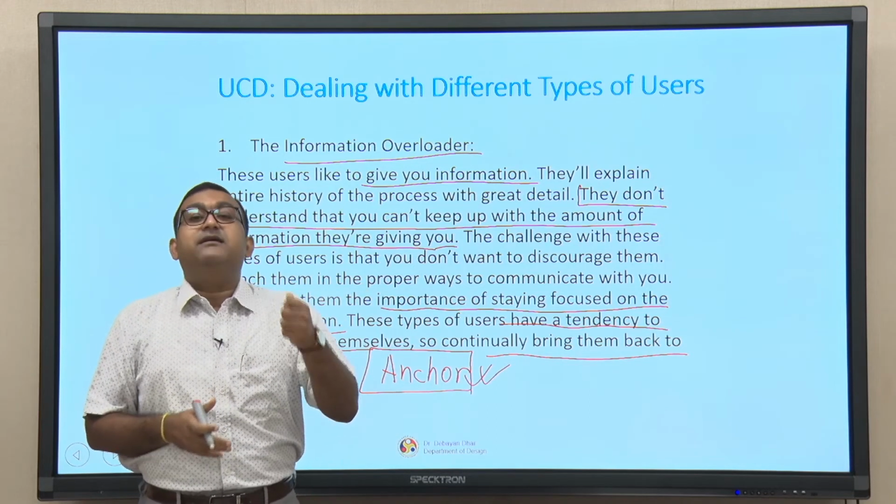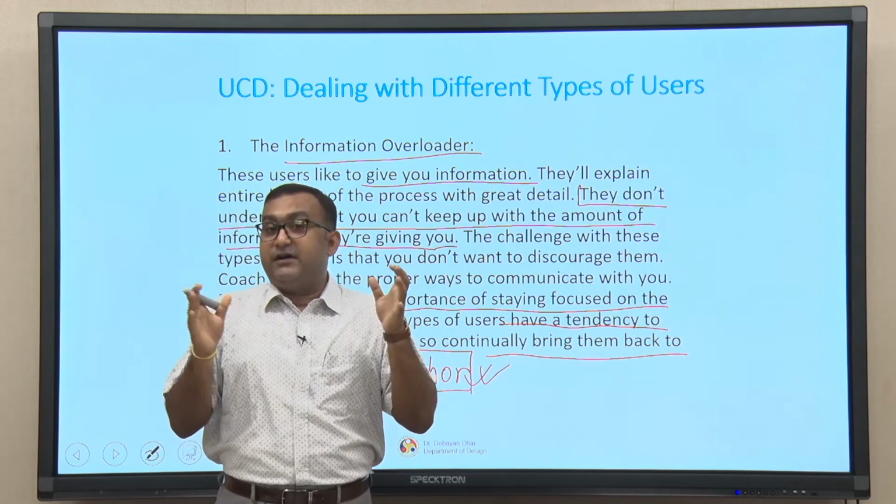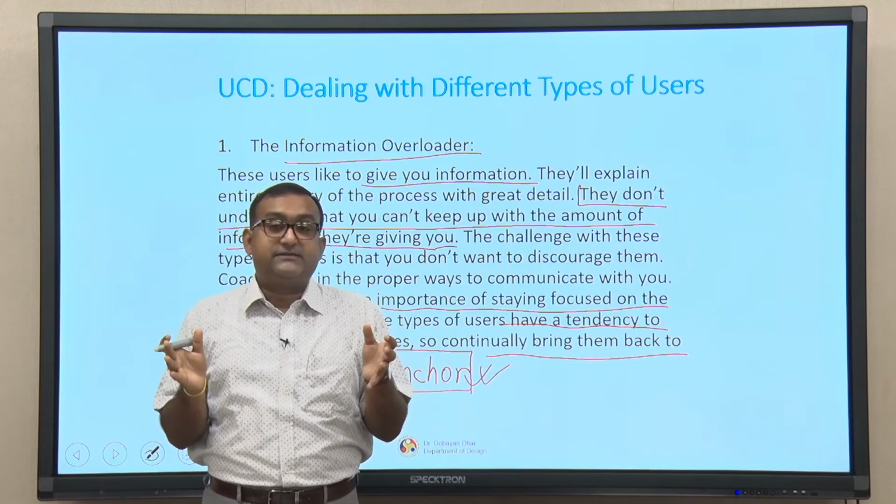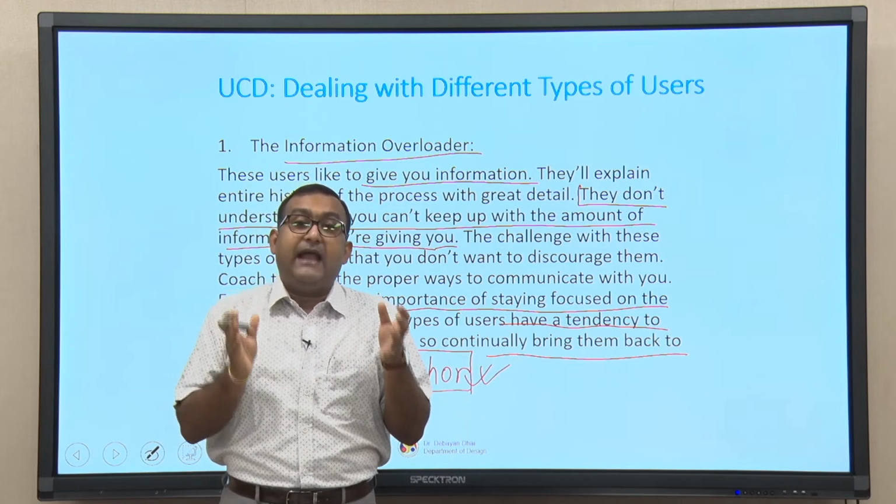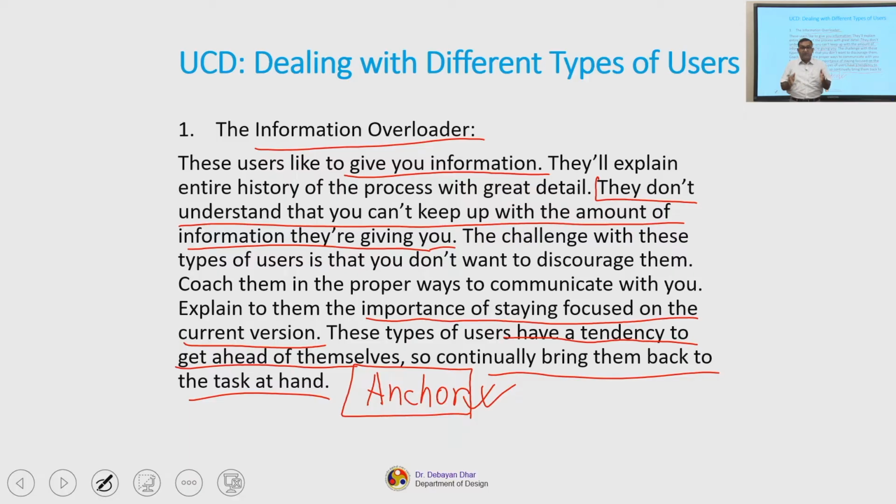So, this type of user needs to be handled with care, because they will provide you with a lot of information. But as I said, there are two important aspects. First, they cannot understand which information you require and which you do not, so they provide an enormous amount of information.